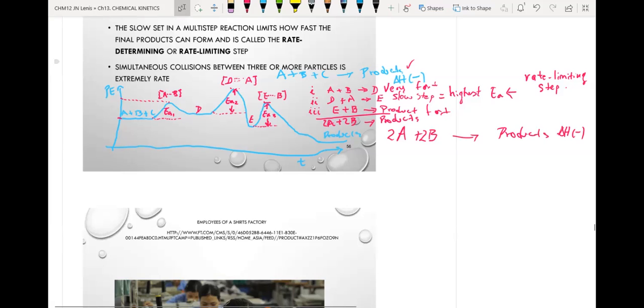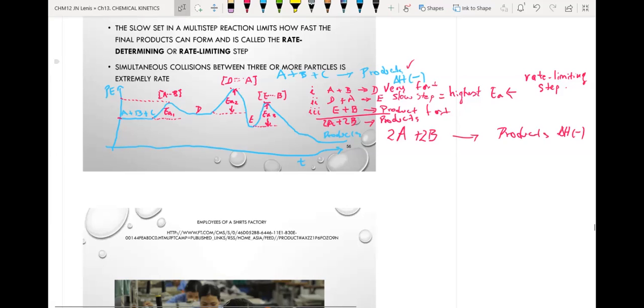Notice that D is not here. E is also not part of the overall reaction. They just form and go. Similar happens with E. It forms and then is used up. Forms and goes.